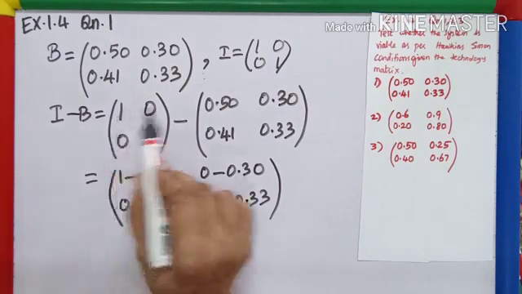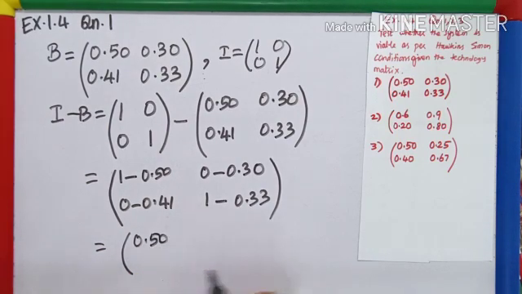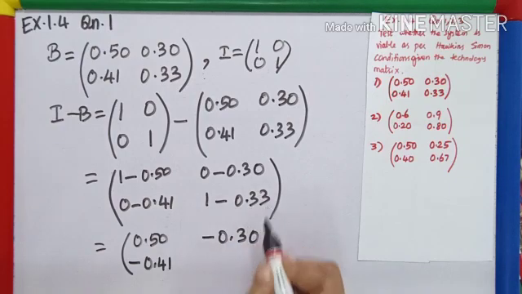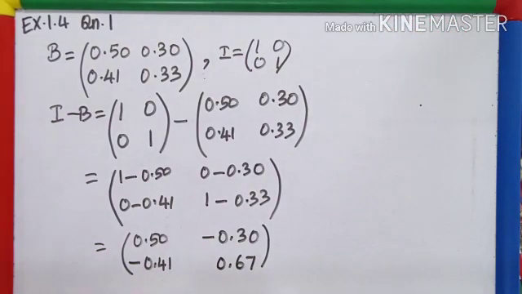As we subtract corresponding elements, 1 minus 0.50 is 0.50, 0 minus 0.30, 0 minus 0.41, and 1 minus 0.33 is 0.67. The main diagonal elements are positive.